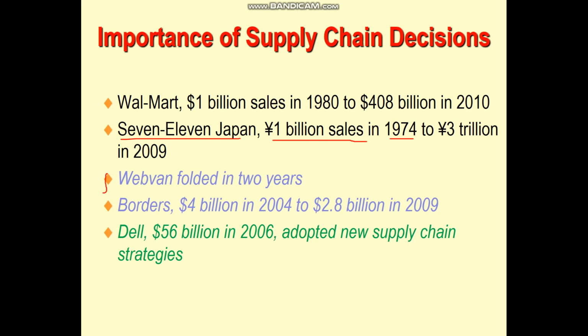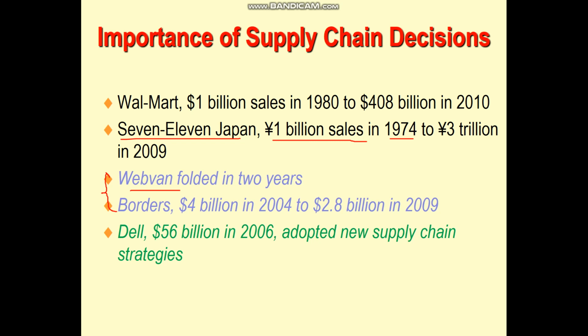However, we also have some examples where companies didn't use effective supply chain decisions, and that's why they got hurt. For example, Webvan. Webvan is an online business, and they designed the supply chain with large warehouses in several major cities in the US.